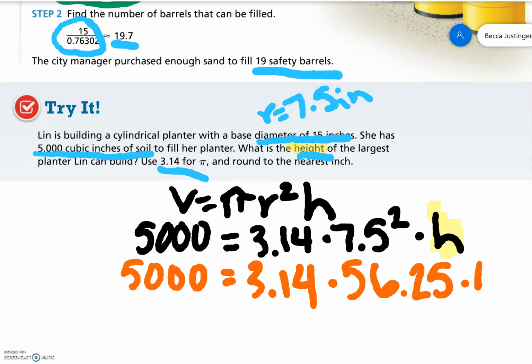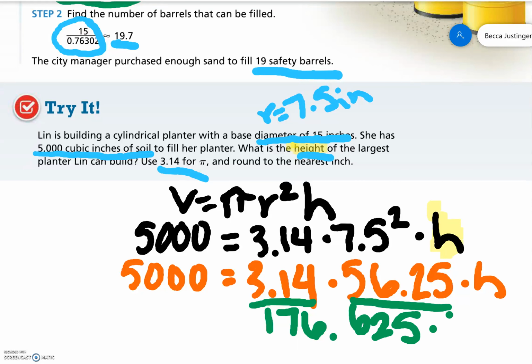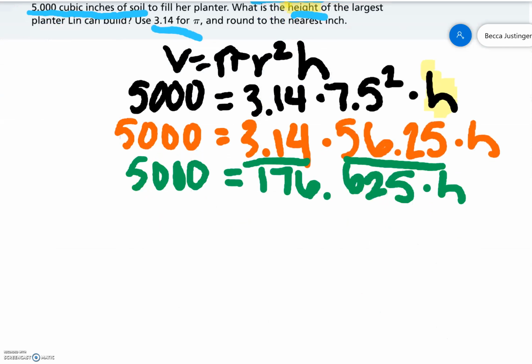And that gives us 56.25 times h. Now I'm going to multiply 3.14 times 56.25. And that gives me 176.625 times h is equal to 5,000. I want to solve for h, so I need to get rid of this 176.625.